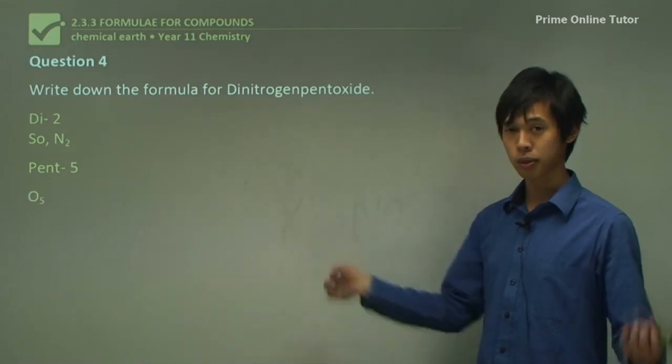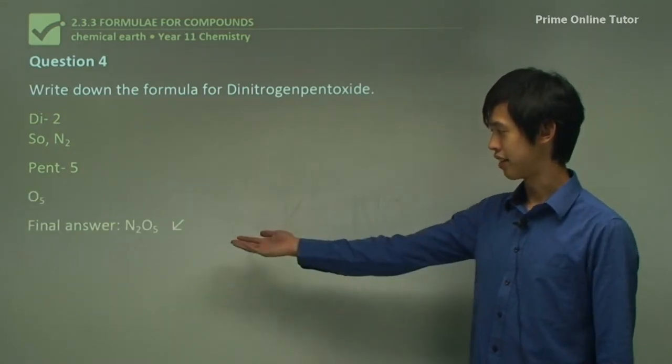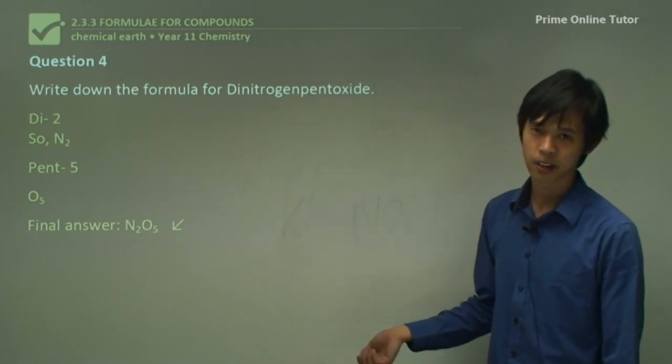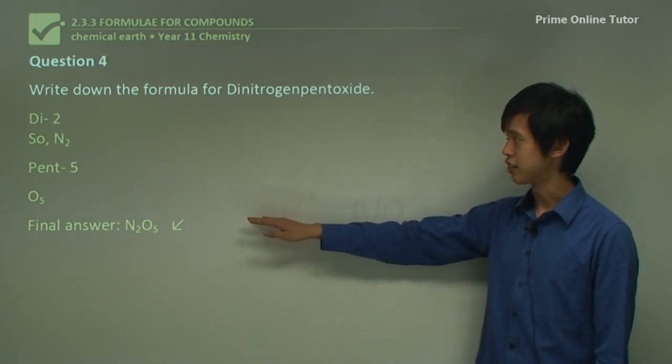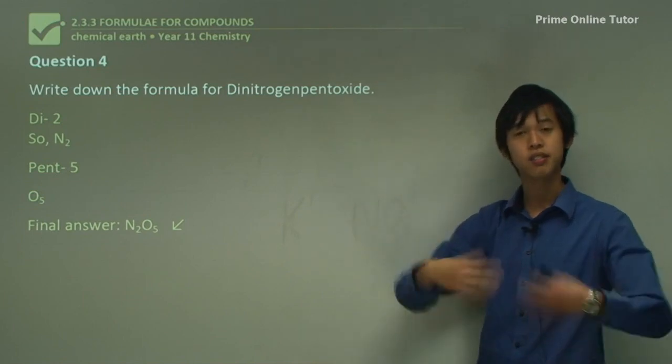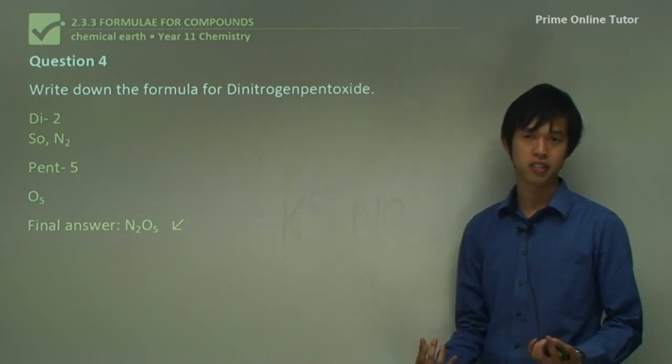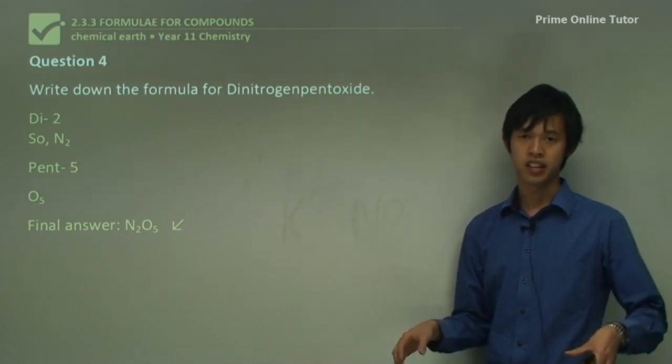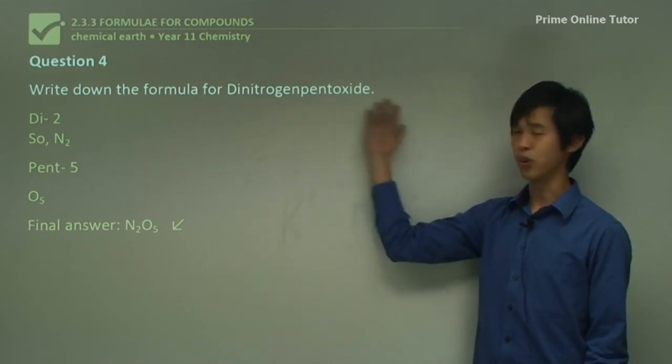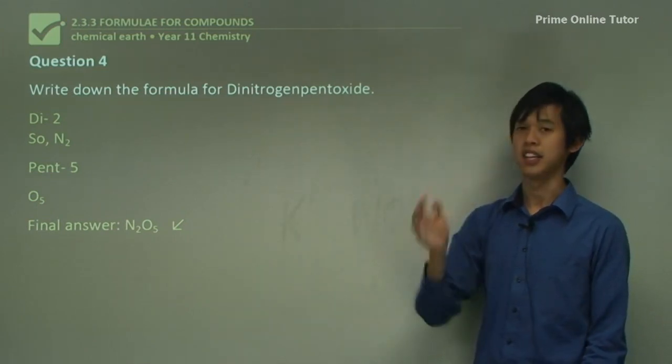Okay, and so you put them together now, and you get N2O5. So it's very straightforward, and it all comes from the name. You can see it straight away. And that's the beauty of this chemical naming convention, that everything you need to know is already in the name.